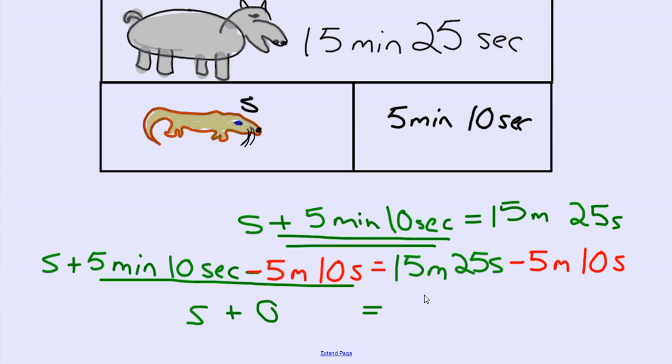So be careful when borrowing there. But we're left with 10 minutes and 15 seconds for the sea otter. So how long can the sea otter hold his breath? 10 minutes and 15 seconds based on this equation.